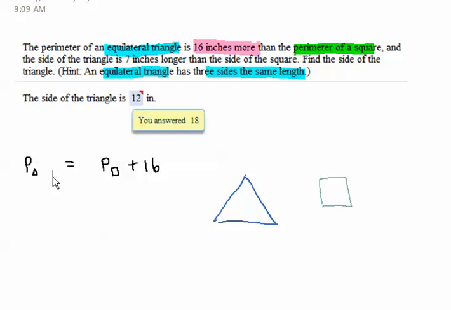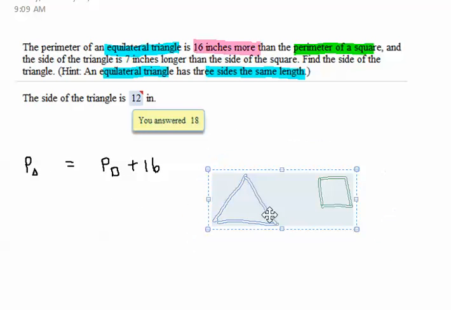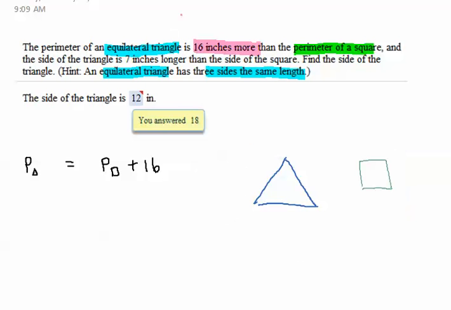But before we can answer this and create this, since we don't have the numbers, we've got to create it abstractly. So let's create this abstractly, either calling the side length of the triangle x, and then this would be x, x, x, or the side length of the square x, and then this would be x, x, x, x. What do you want to do?